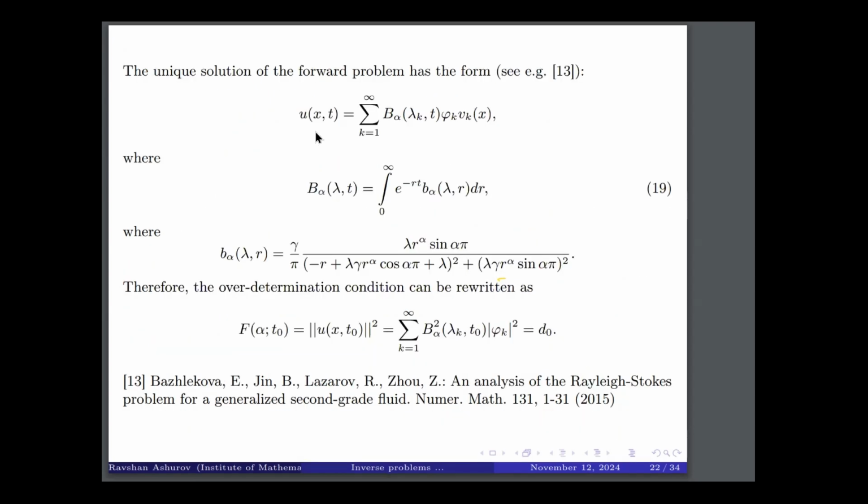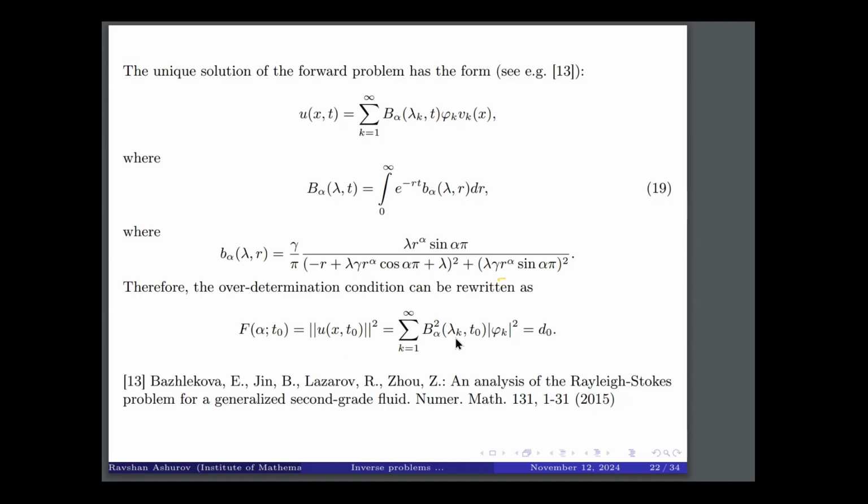To do this, we should first solve the forward problem. The forward problem solution is given in this paper, Bezhlikova, and it has this form. Capital B has this form, 19, and here small b has this form. So this overdetermination condition can be written in this form.